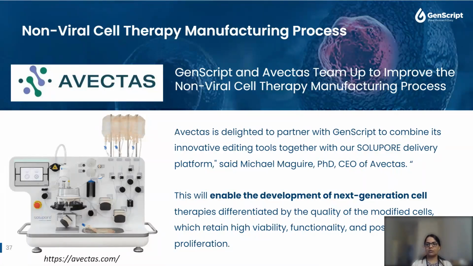This platform offers versatile delivery of diverse gene editing tools such as mRNA, CRISPRs, or plasmid. GenScript and Evicta team up to improve the non-viral cell therapy manufacturing process. This partnership helped the commercialization of non-viral cell manufacturing process into a GMP compliant system quickly.